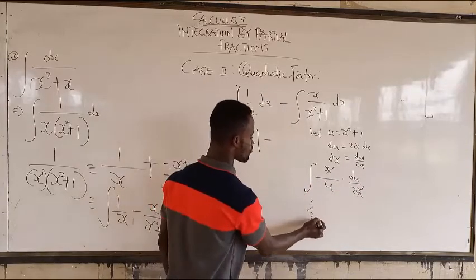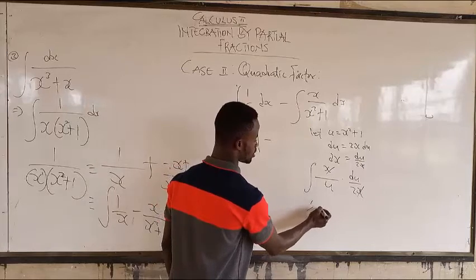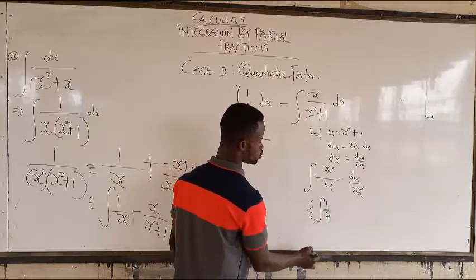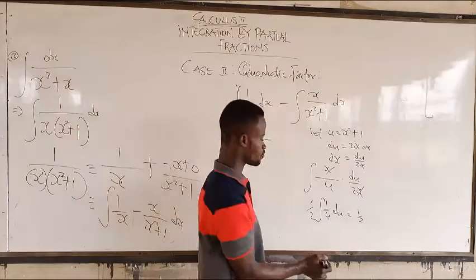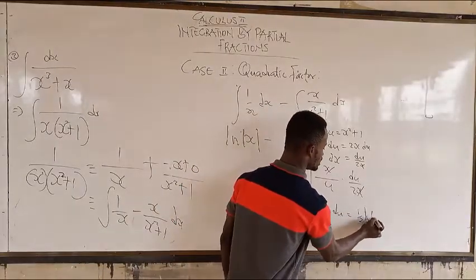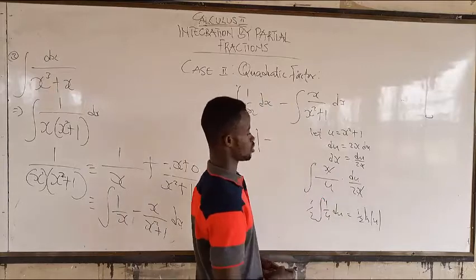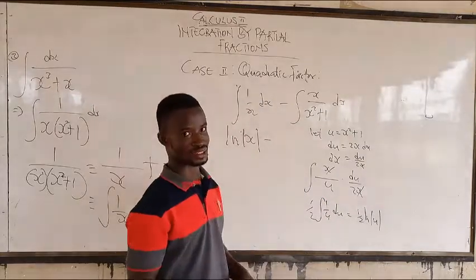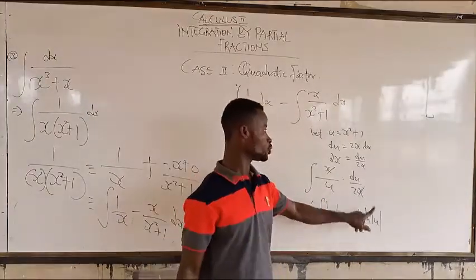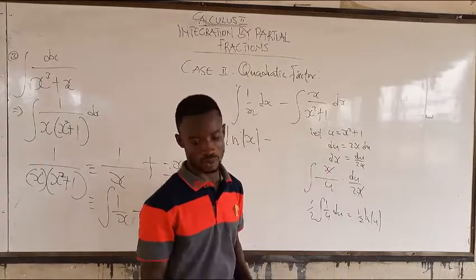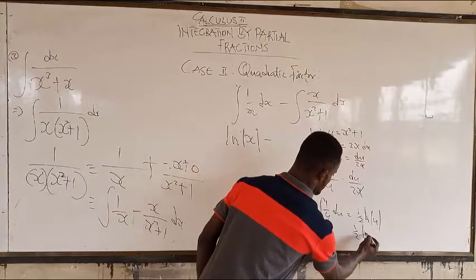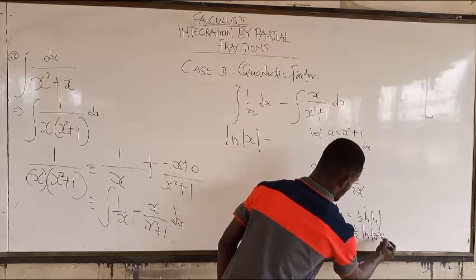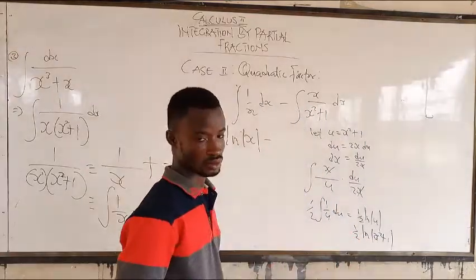We get half integral of 1 over U du, which is half ln U. But we know that U is S squared plus 1. So we get that is all.